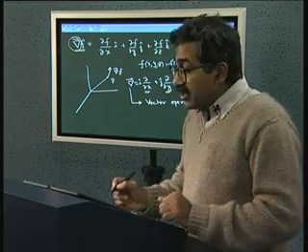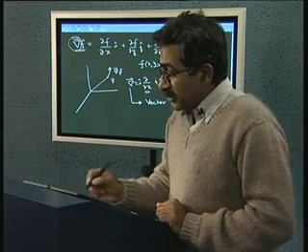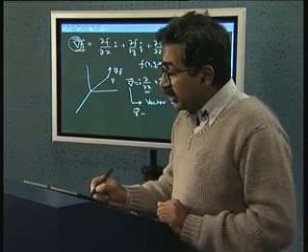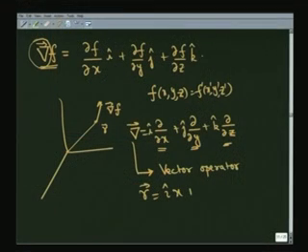Now, what is the great difference between this operator and the position vector that I wrote? i x plus j y plus k z. If del is indeed a vector operator, then these derivative operators, these differential operators, d by dx, d by dy, d by dz, better have the same transformation properties as x, y and z, and that is something that we should be able to verify.